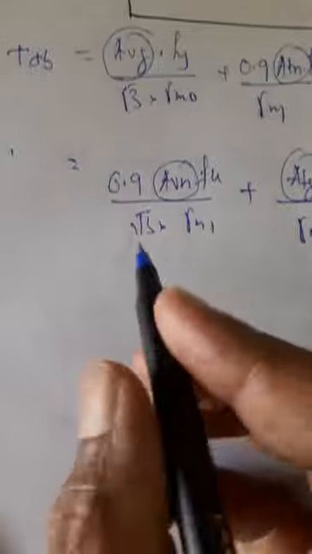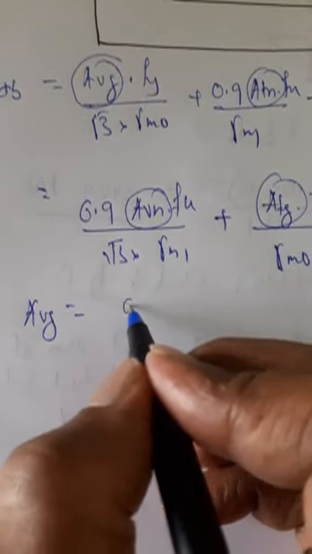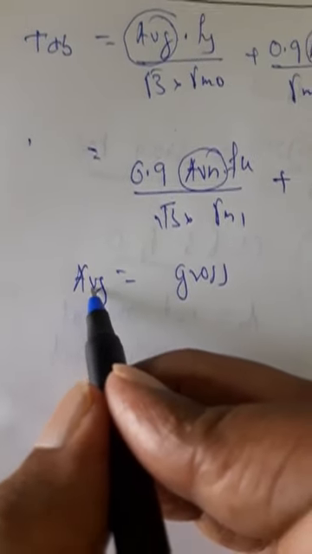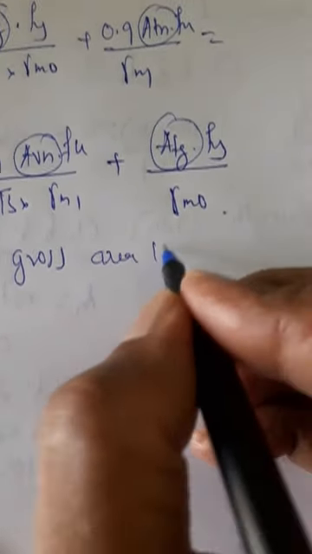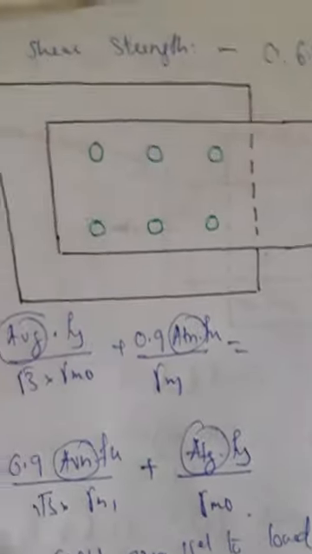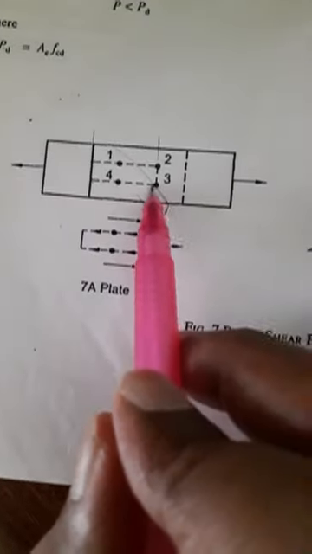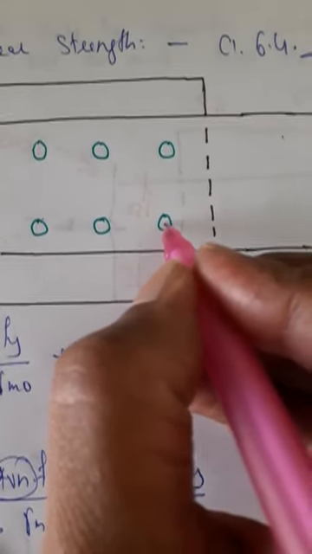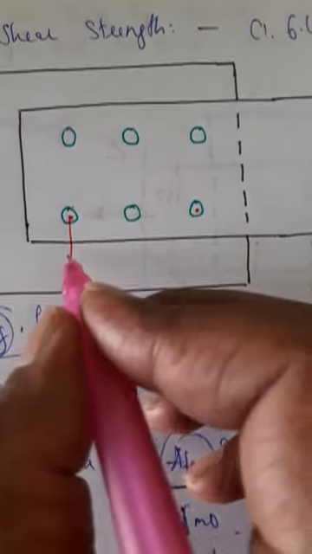Now let us start writing these terms. First AVG. What is AVG? Gross area. V stands for shear. Shear means parallel to load. G is gross. Gross area parallel to load. Now I have to identify LV and LT. If you look at this diagram, this distance from here till this edge is LV and this is LT.